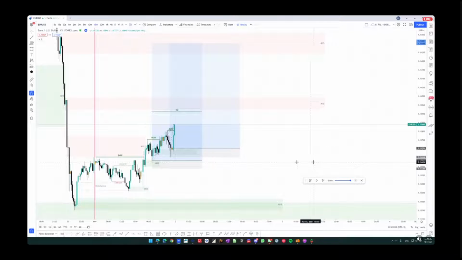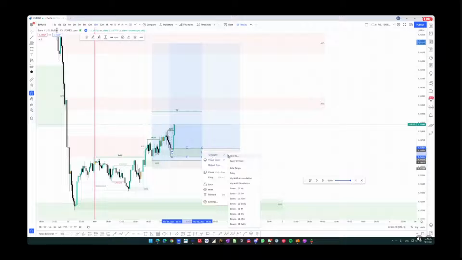Okay, so anything else do we see? We see another supply demand zone created. But at this point, I'm not sure I want to add more longs after that last one. Yeah, true.